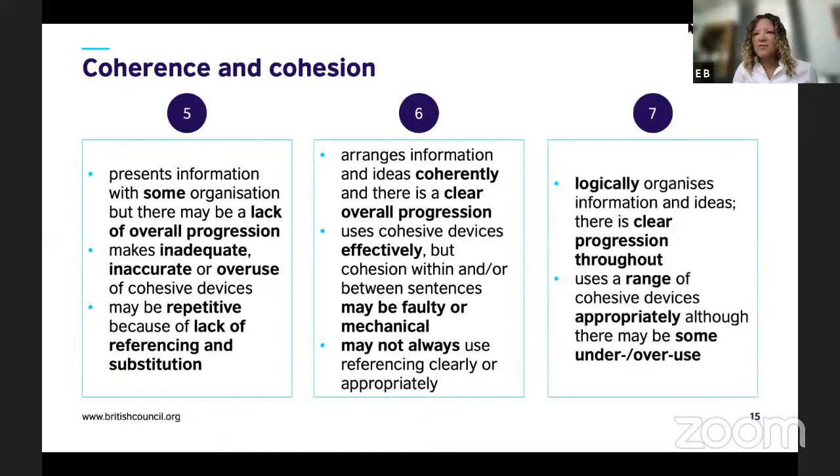And lastly, for band 7, the ideas and information are logically organized, and it is a clear progression throughout the entire essay. There are no issues with the organization overall. At band 7, the candidate is also able to use a range of cohesive devices appropriately, but again, there's still some room for over and under use.